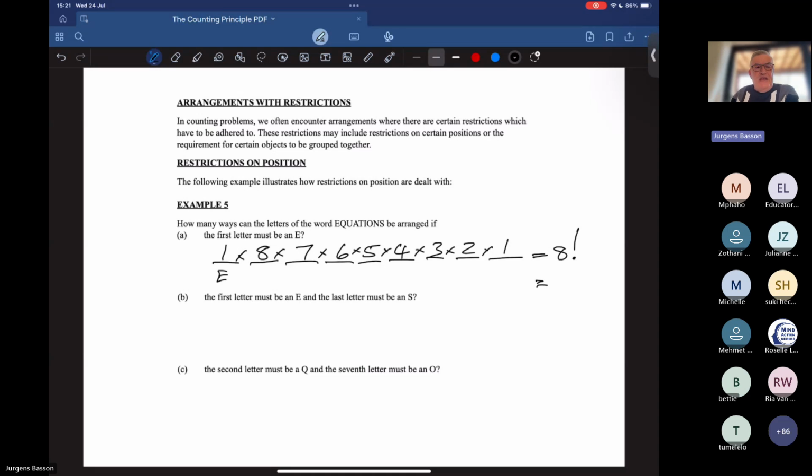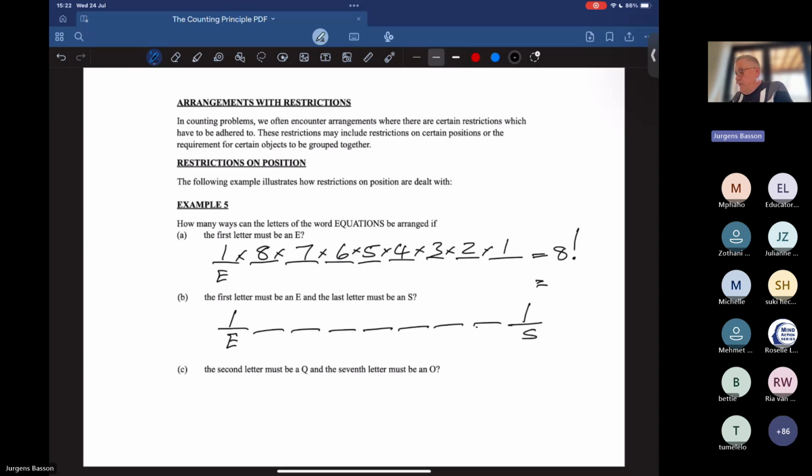If we look at B, I say first letter is E and the last letter is S. So I'm going to draw my 9 lines again. And now first position is restricted, last position is restricted to S, and first position will be 1, last position will be 1.